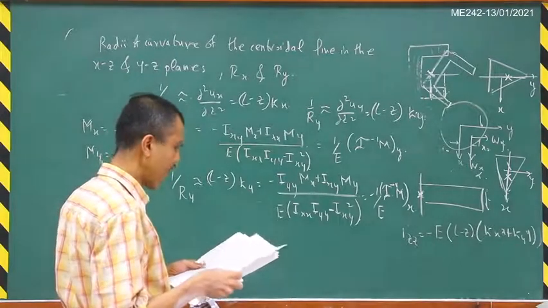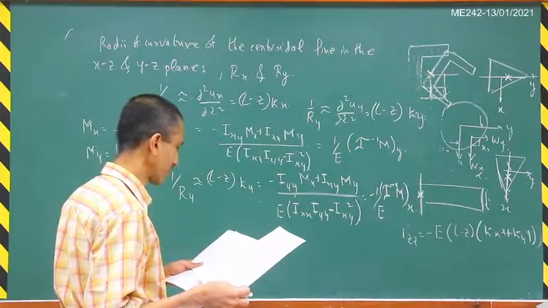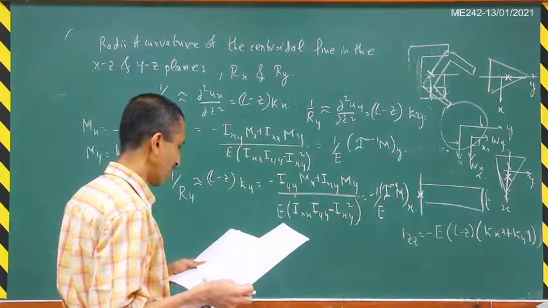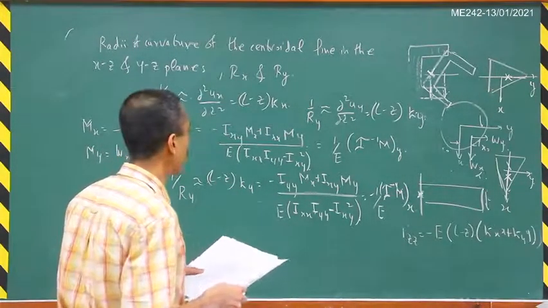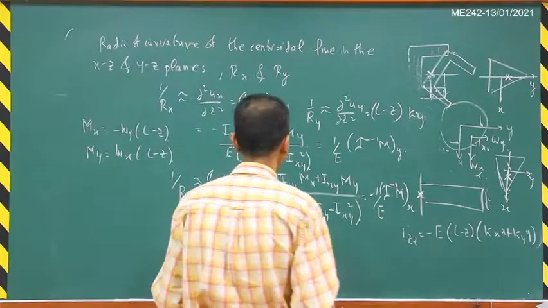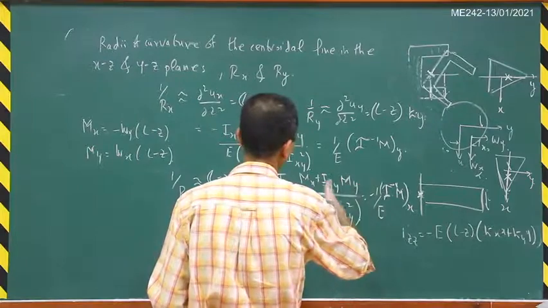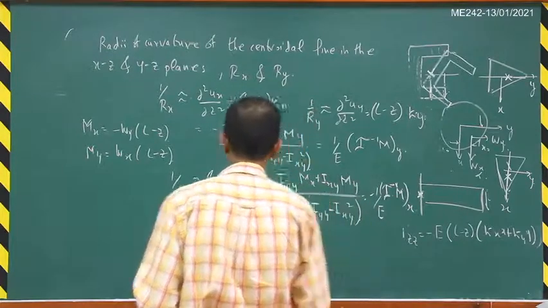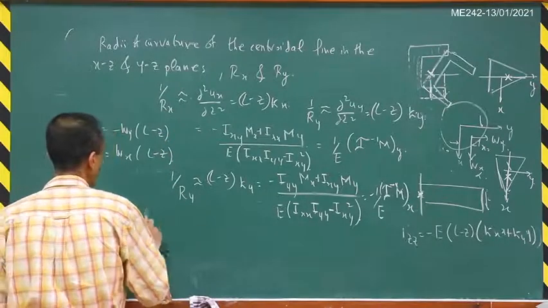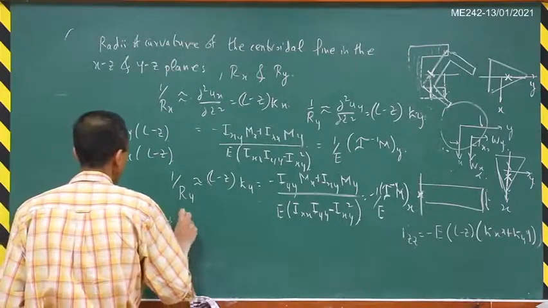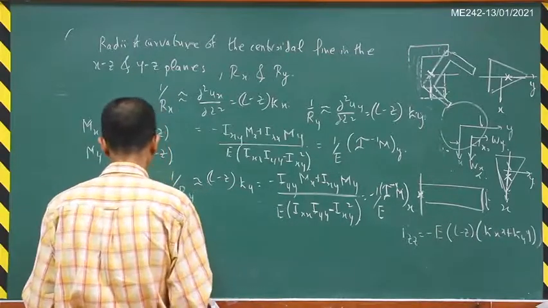So basically, what we have shown is that this is the same as your Bernoulli-Euler law. So this shows that the Bernoulli-Euler law is valid.